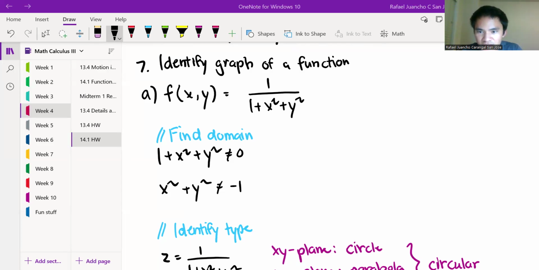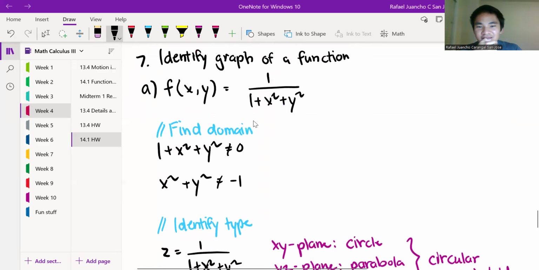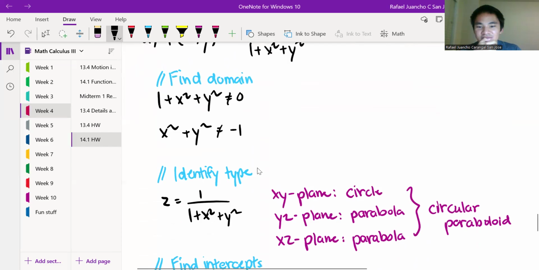If I zoom in, I'm not touching my x and my y axis. I'm only at my z, and apparently that's also where my maximum is. I don't think it's a circular parabola of some sort.